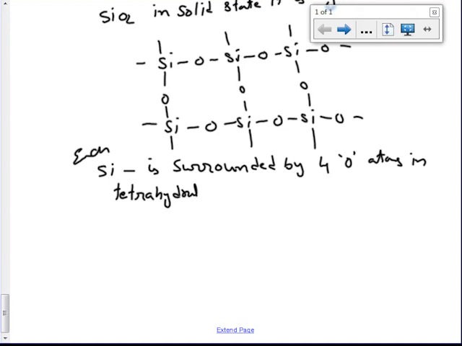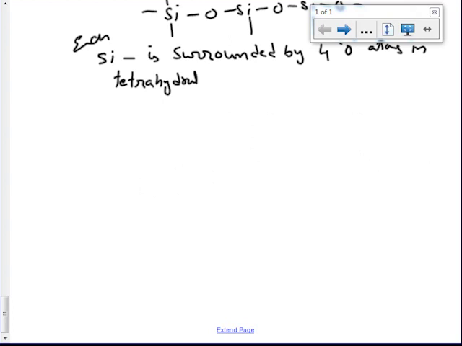Each silicon is surrounded by 4 oxygen atoms with covalent bonds. The hybridization here is sp3, but in carbon dioxide the hybridization is sp. So although the formula looks the same, the hybridization is different and the shape is also different. It is a three-dimensional structure, a single molecule.